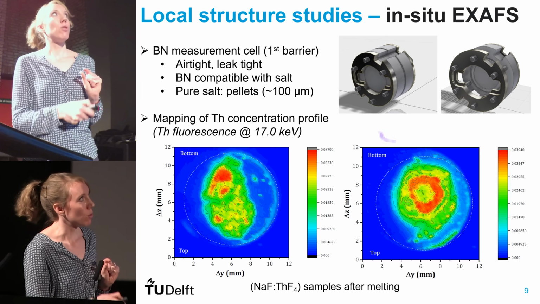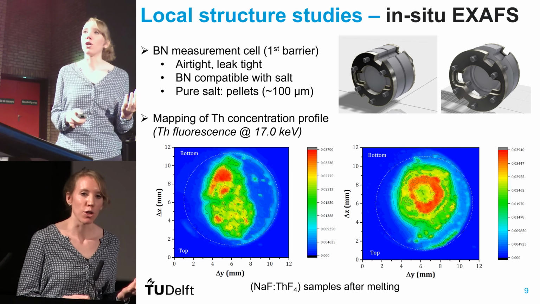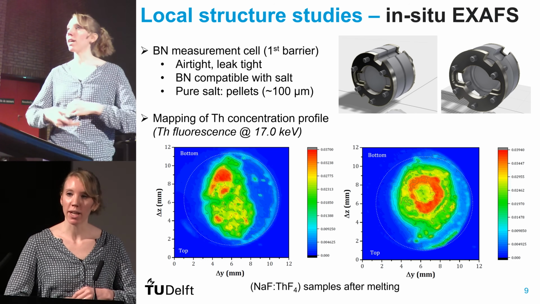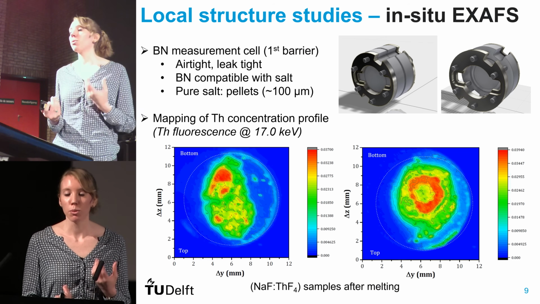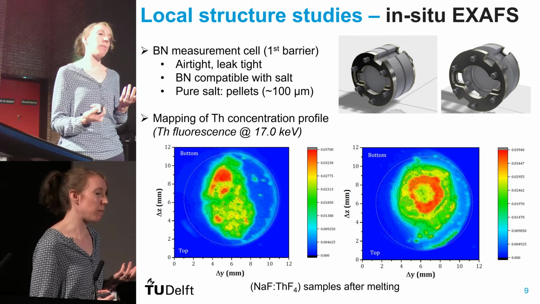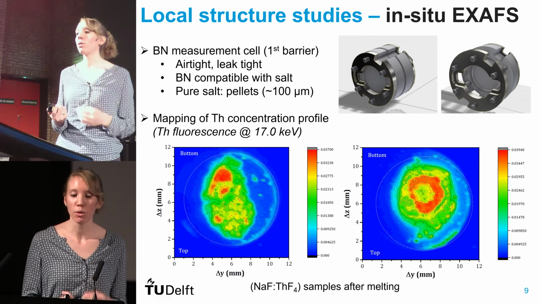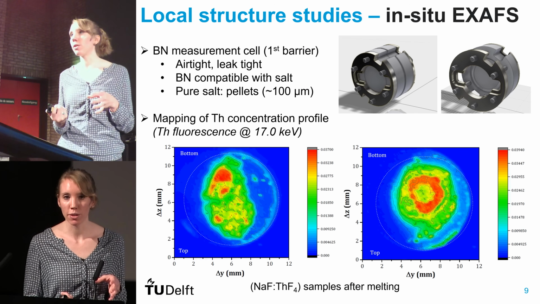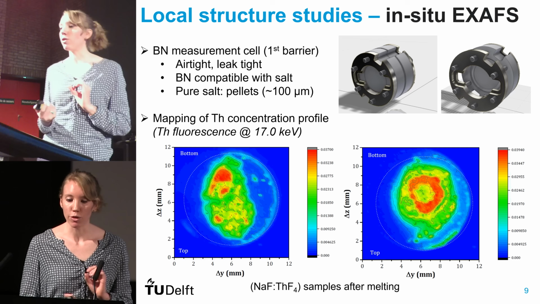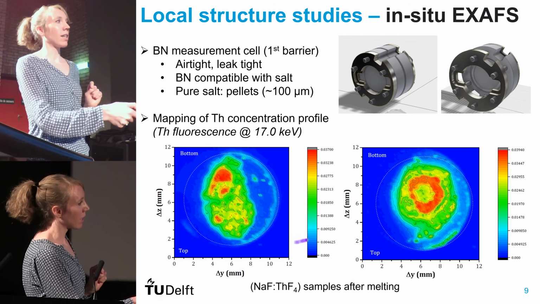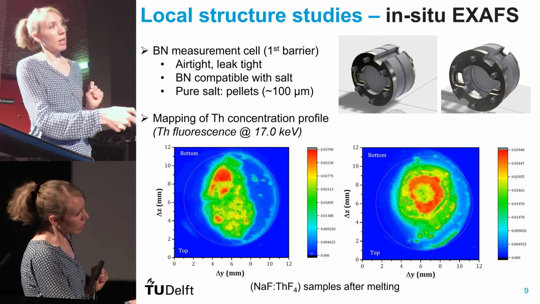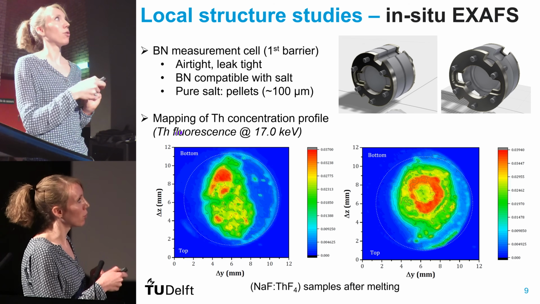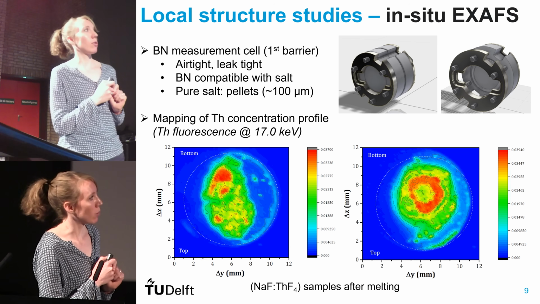We wanted to check, of course, that our first containment was a good encapsulation for our sample and that we had no leakage. So what we did is we melted the salts, and after the experiment we made a mapping of the thorium concentration in the cell by scanning in the X and Y direction, while measuring the fluorescence signal of thorium at 17 kilo electron volts.